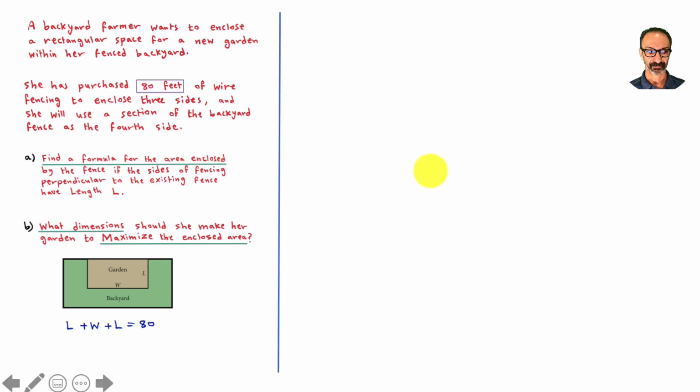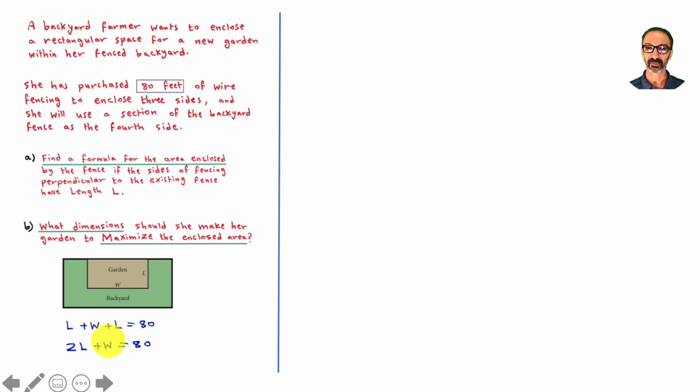Here we go. Now L plus W plus L will add up to 80 because she's using 80 feet of fencing. Simplifying by using math skills, L and L are like terms, so I'm going to add them. 2L plus W equals 80. Now I could solve for W. I do have enough experience, as you could tell.